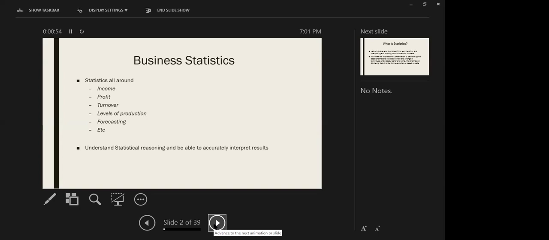So basically, when you're talking about business statistics, it's all about numbers, right? So especially people that are in management, whenever you see a figure, when you're dealing with whatever you're dealing, as long as it's a figure, right? That's statistics. So be it you're talking about income, profit, turnover, levels of production. These days, some businesses are going as far as forecasting, right?